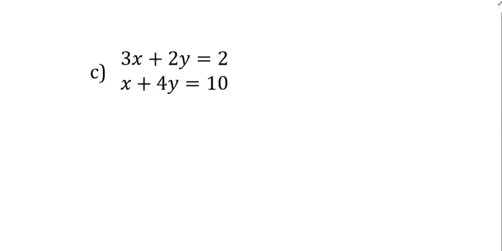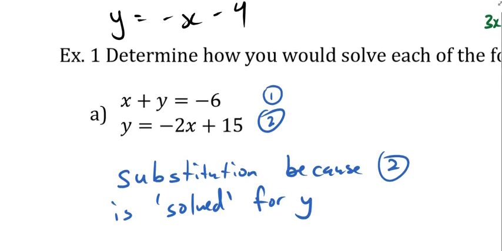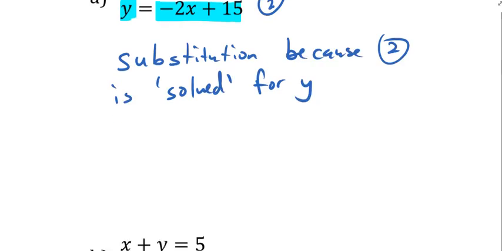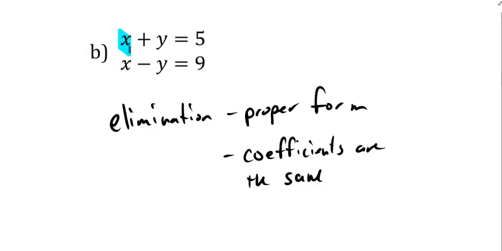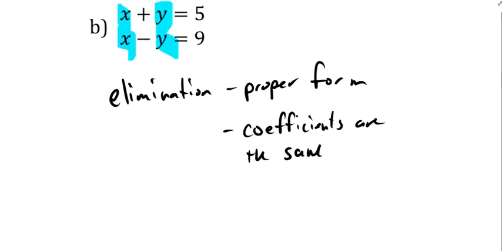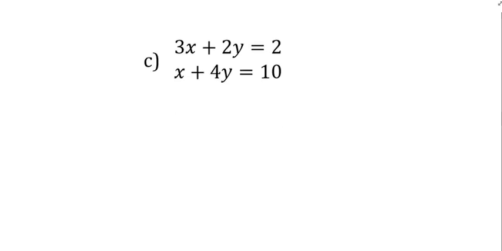If I pick substitution, what would I do in order to substitute? If I picked elimination, what would I do as my first step in order to eliminate? If I go back up, remember, it's important for substitution that it says y equals or x equals a thing. And if I pick elimination, I have to have my coefficients lined up and the same. This one doesn't quite match either of those things.